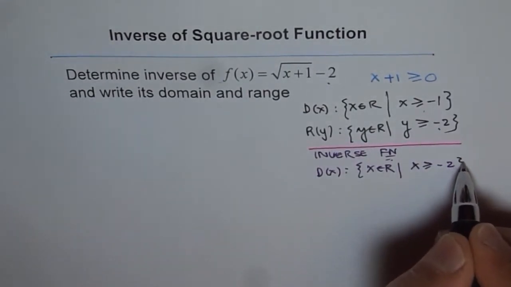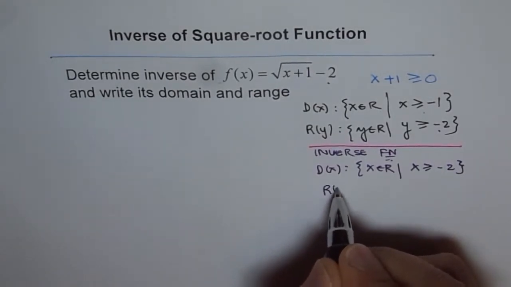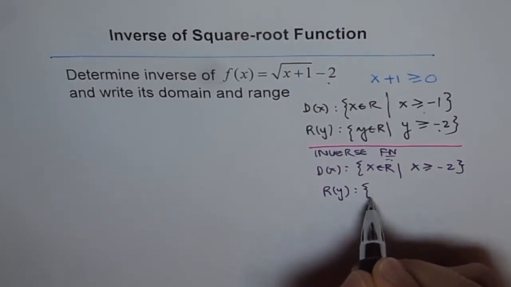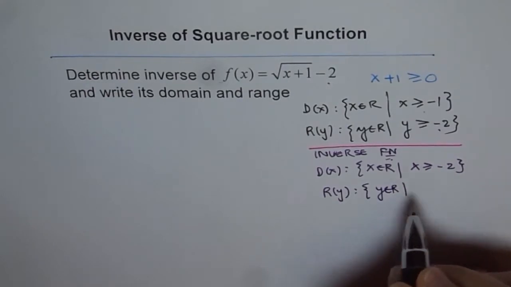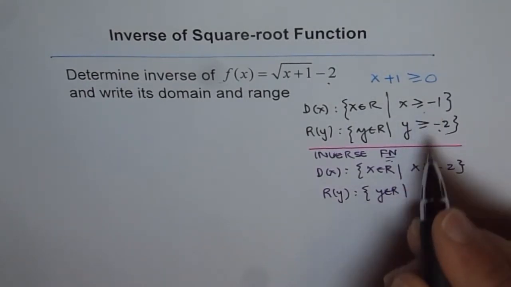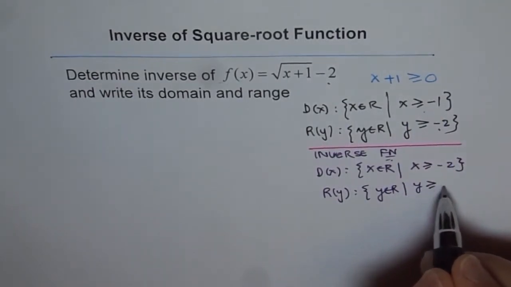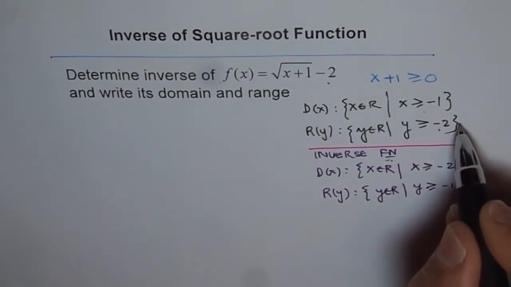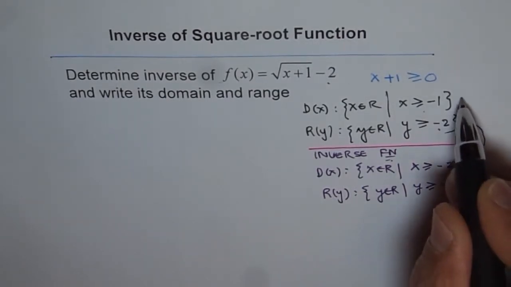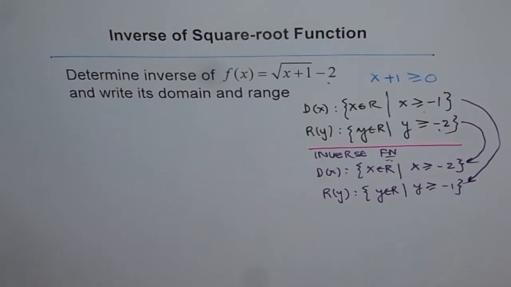And as far as the range is concerned, y belongs to real numbers, so that y is greater than or equal to minus 1. So that means it switches. Do you see that? That is the kind of shift which always happens for the inverse of a function.